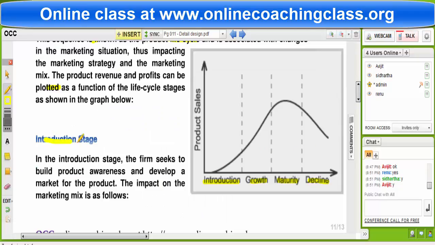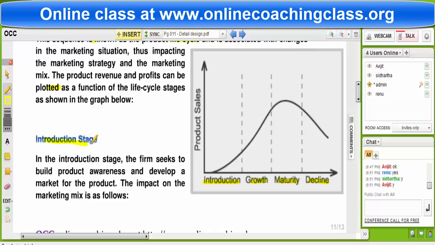Introduction stage. What is the introduction stage? In the introduction stage, the firm seeks to build product awareness and develop a market for the product. In that stage, we go for advertisement. See, some days before we saw a very good advertisement of an Audi car. Have you seen it? A car comes from the sky and down from a very big bridge at high speed. This advertisement creates curiosity in our mind that this car should be high speed and very good.